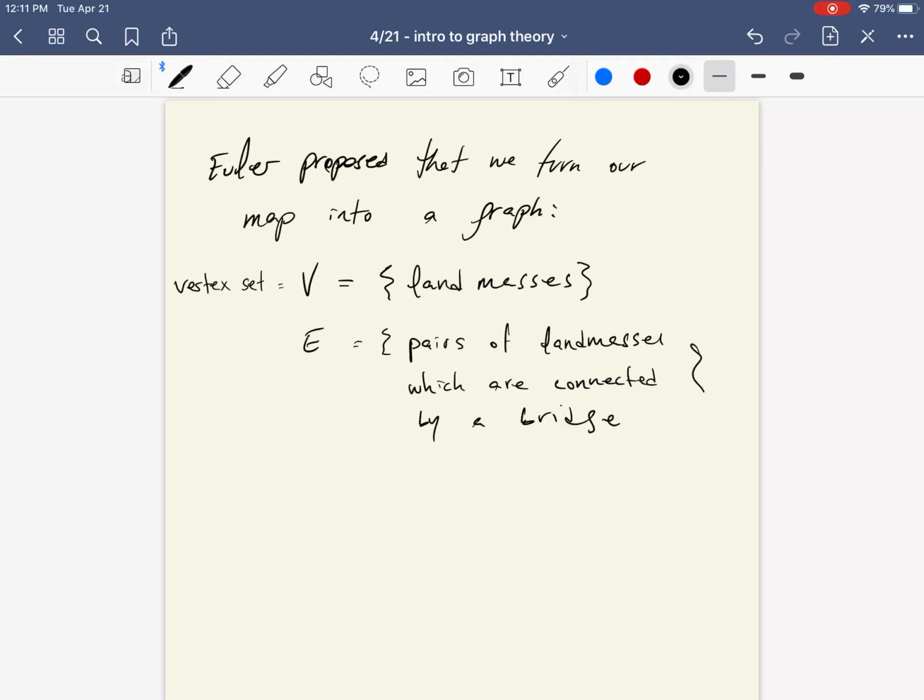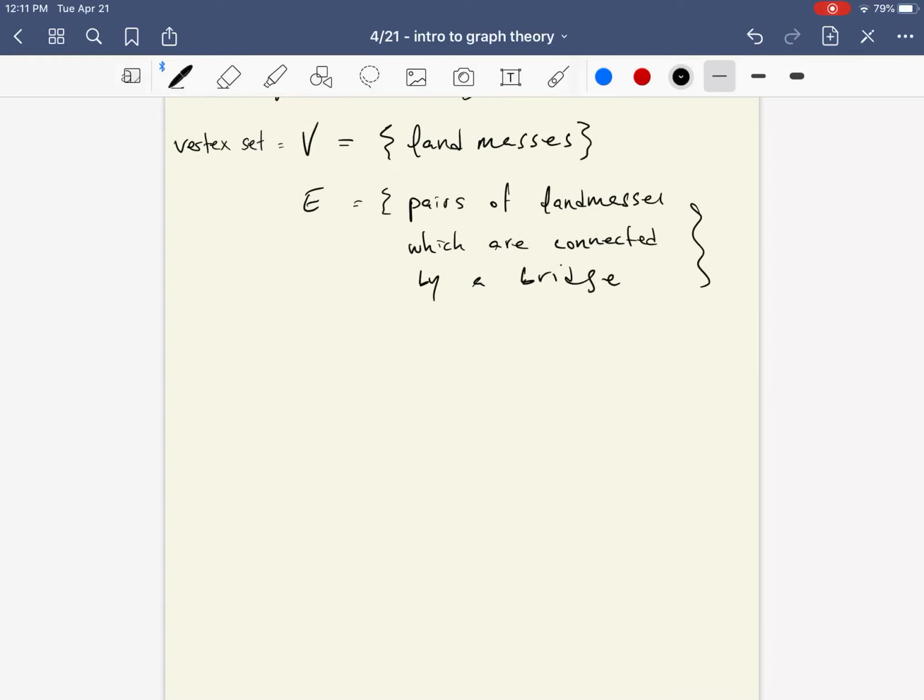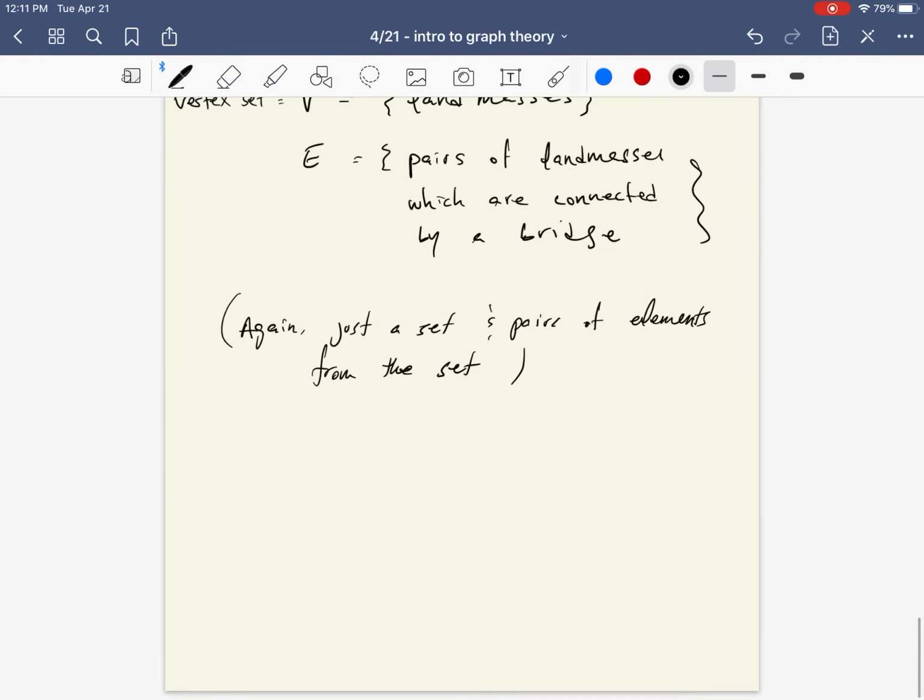And so again, we can simplify a problem into just a set and pairs of elements from that set. That's really what this comes down to over and over again. And we remember that there's n times n minus 1 over 2 pairs that we can possibly make.